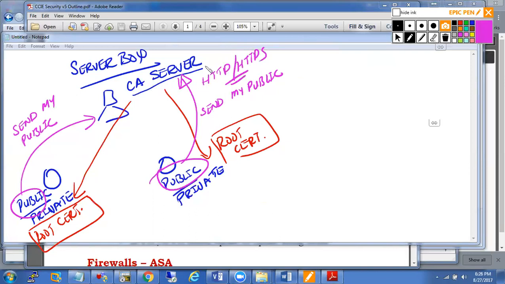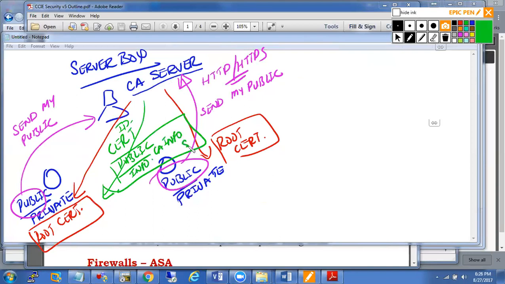What do you do with the CA server's request? Once you receive it, the CA server will validate your information, and once that is validated, he will send you the same information back, but in the form of a certificate. And what does that certificate contain? This is the identity certificate for you, which contains your same public key that you sent with your information, the CA information, and the CA's signature.